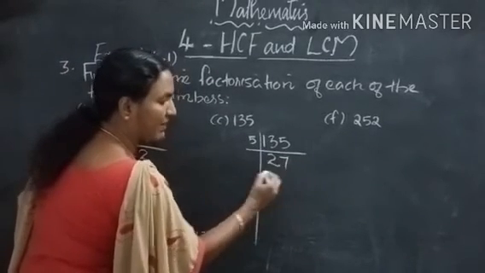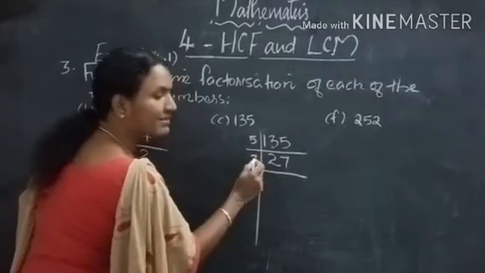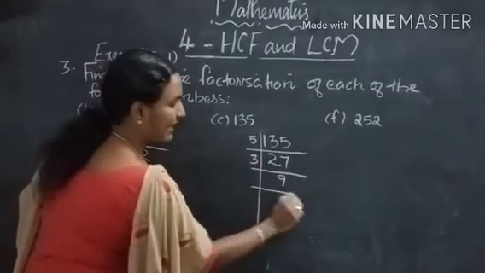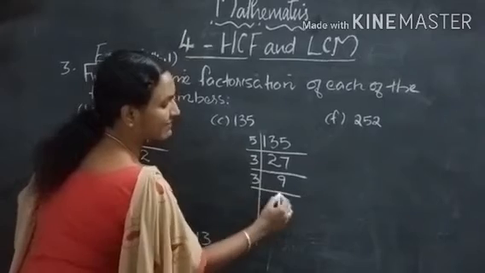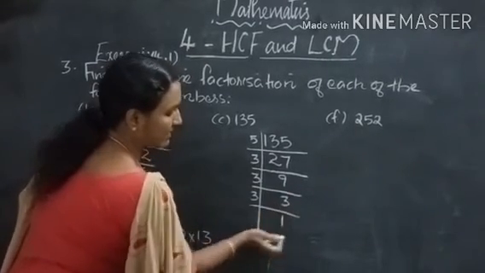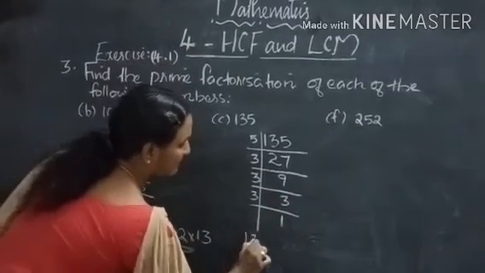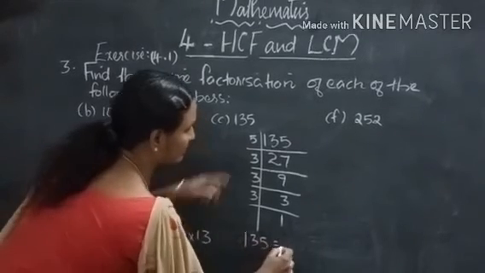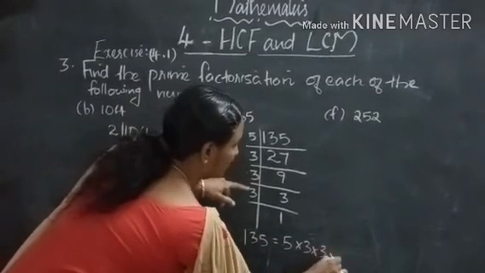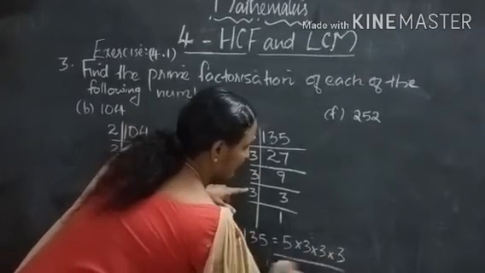It's an odd number. So we start with 3. 9 3s are 27. You can start with 3, 3 3s are 9, then 3, 1. So the prime factorization of 135 is equal to 5 into 3 into 3 into 3.